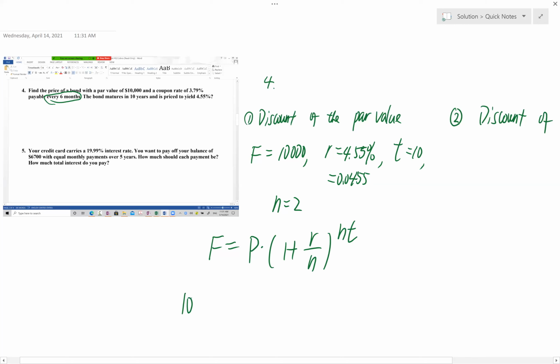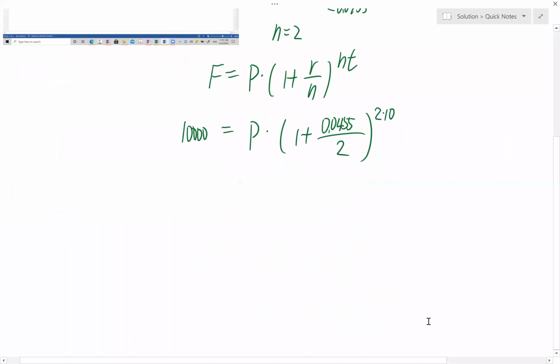So future value is 10,000, present value times 1 plus 0.0455 over 2, raised to 2 times 10, which is 20, meaning there are 20 semi-annual interest payments from the company to the bondholders. That's what this means, getting paid 20 times in terms of interest.